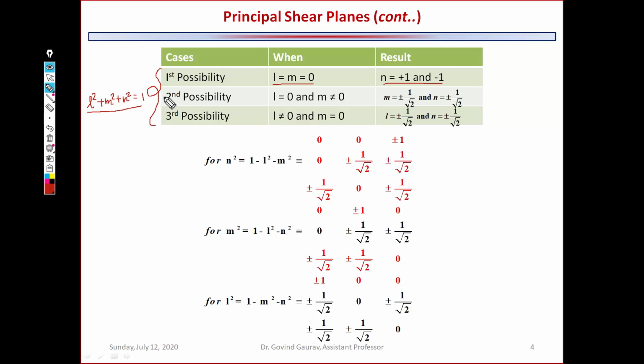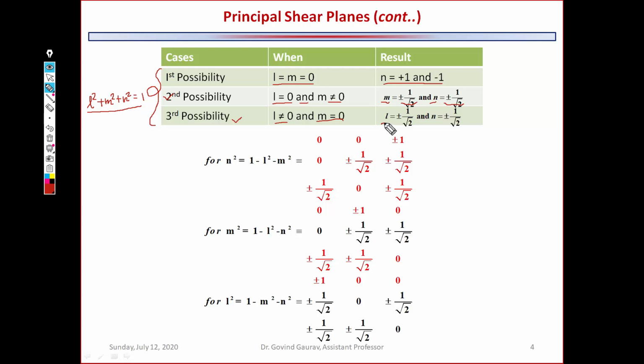The second possibility can be when L is equal to 0 and M is not equal to 0. In such a case, we will get the values of M as plus minus 1 by root under 2 and N is equal to plus minus 1 by root under 2. The third possibility can be when L is not equal to 0 and M is equal to 0.